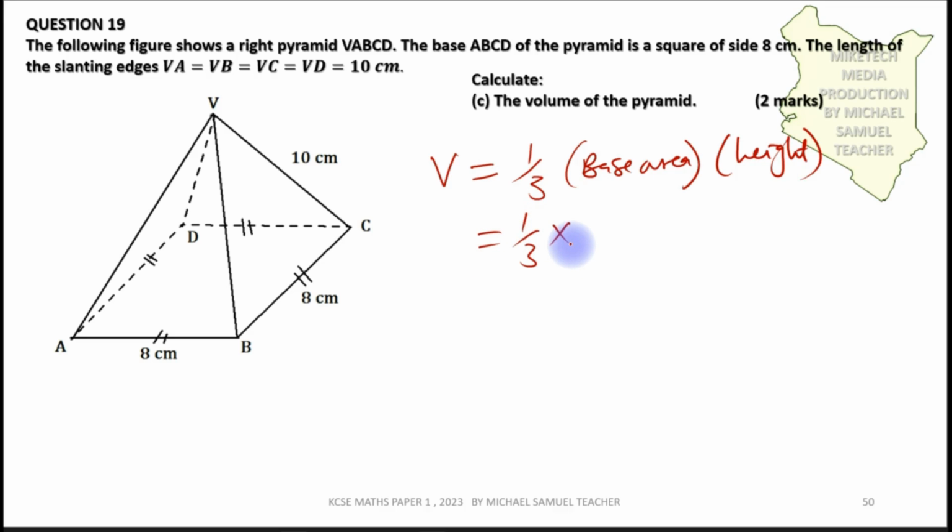The base area, remember it's a square base, so 8 times 8. Then the perpendicular height, we got it in part A as 8.25. Therefore, if you use a calculator, multiply, we get 176 centimeters cubed.